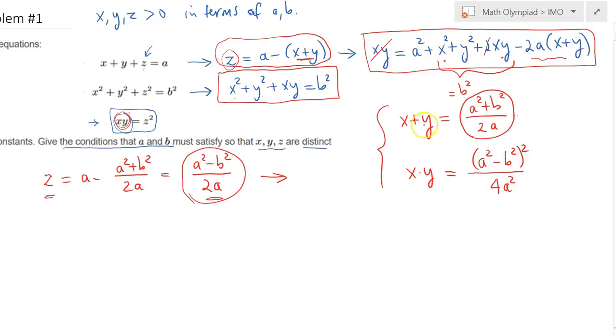Now, how to solve this system of equations? Well, there are multiple ways we can do it, but one standard trick is to set up a quadratic.